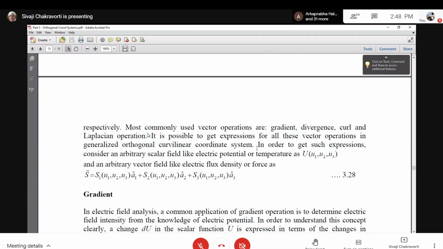Let us consider an arbitrary scalar field varying with location. That is, u is that scalar field. It is a function of the location, so it is a function of u1, u2, u3. Please remember, now we are working on the basis of generalized coordinates, not any specific coordinates.